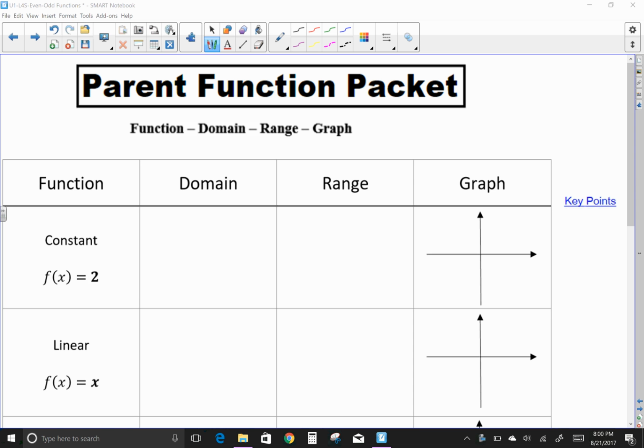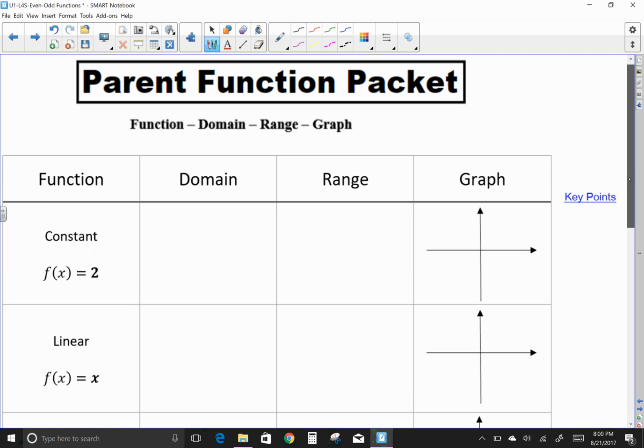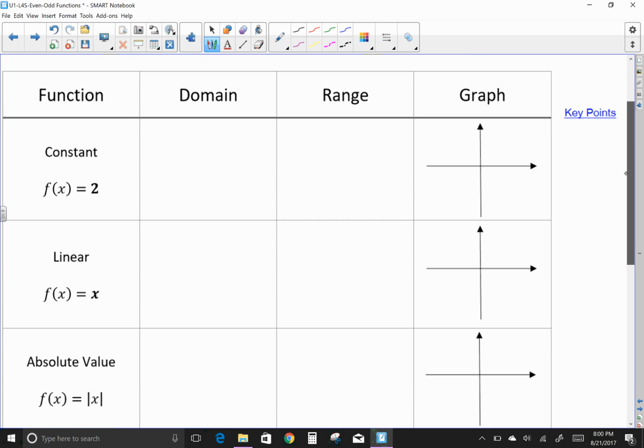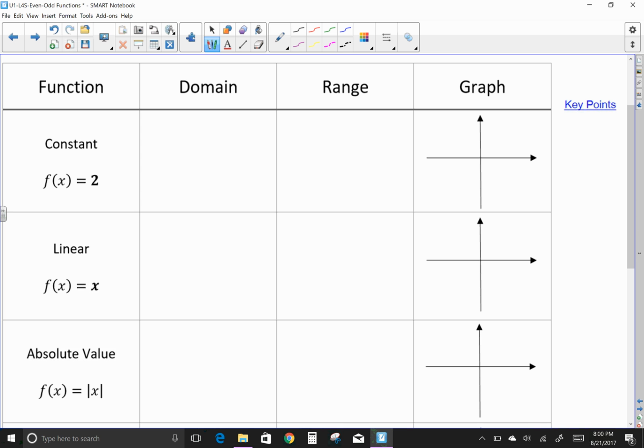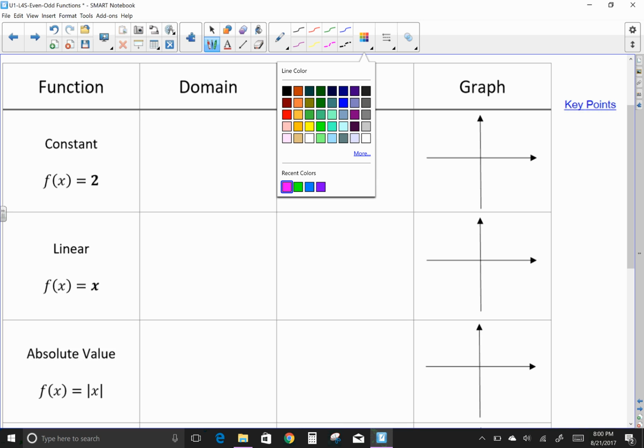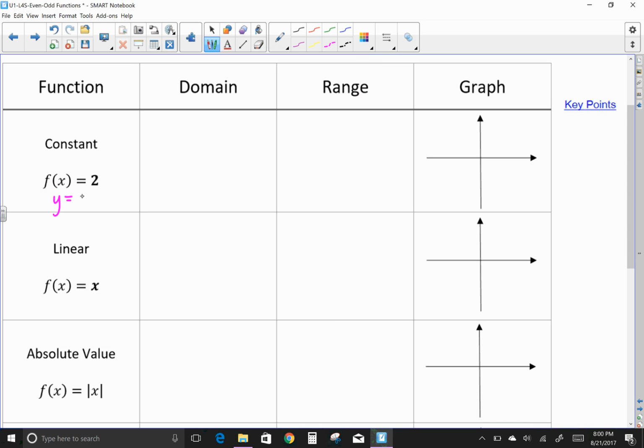So I'm going to go through our first set of graphs in our parent function packet that we have learned from this lesson. So the first one that we have is f of x equals 2. And y'all remember that f of x is the same thing as y, so that is saying that y is equal to 2.